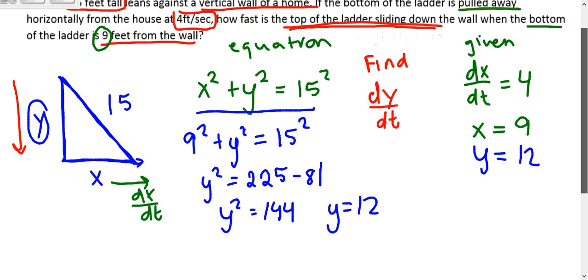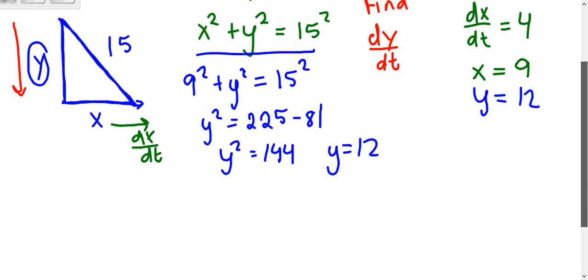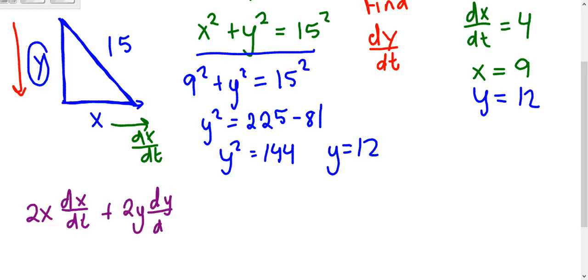So now we're just taking the derivative and plugging in. So let's take the derivative. Derivative of x squared is 2x, remember, our dx/dt, plus 2y dy/dt equals 225, because we'll go ahead and write 15 squared as 225 since we know that's what it is.